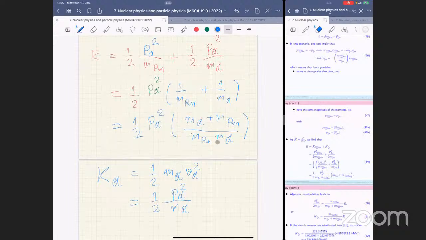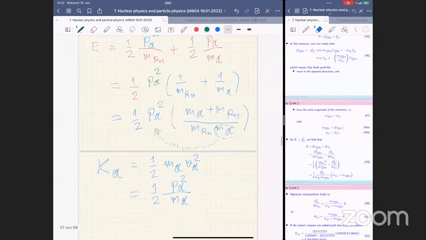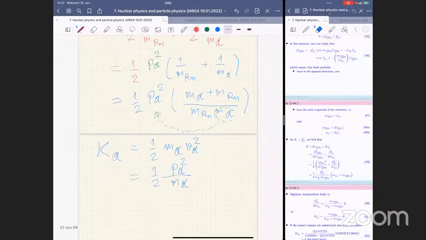So we will move this term out of the parentheses to appear as the denominator. So the equation here could be written as E is 1/2 p alpha squared divided by m alpha.